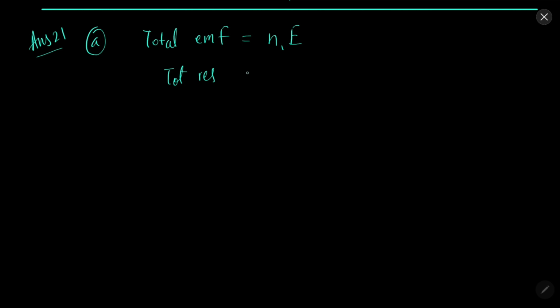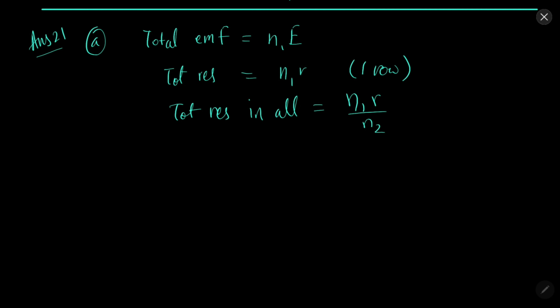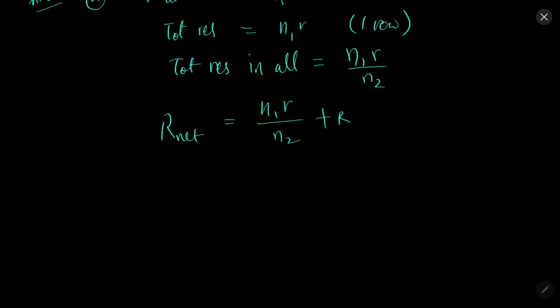Total resistance in one row will be N1R. In all rows, N1R by N2. Net resistance, N1R by N2 plus R.